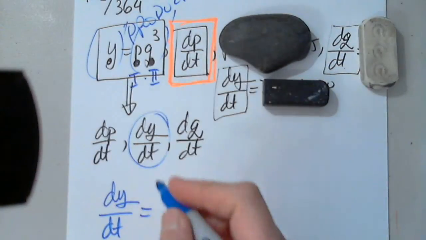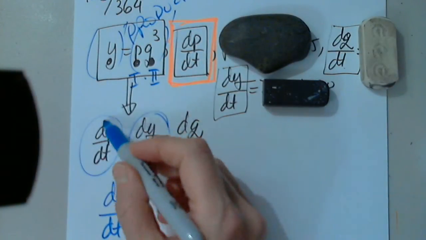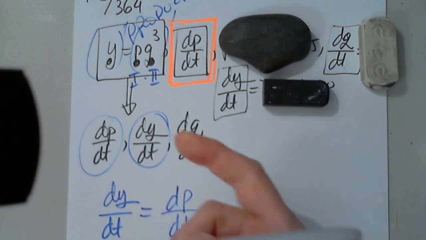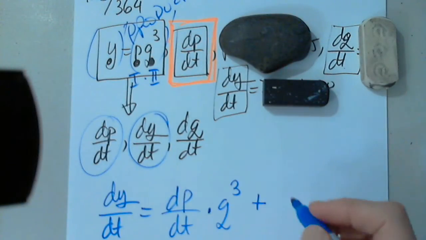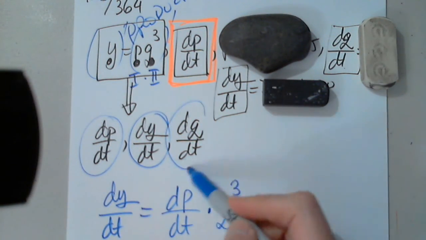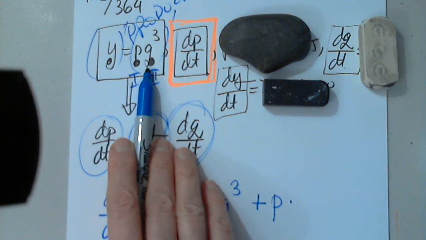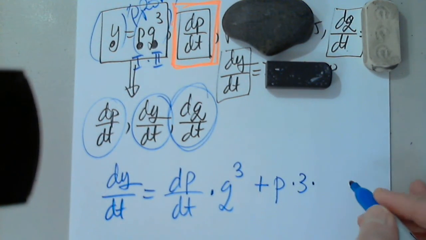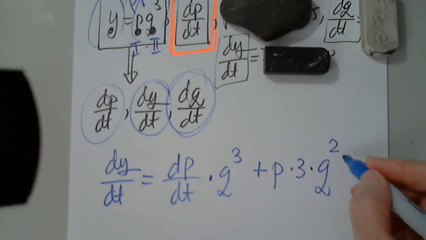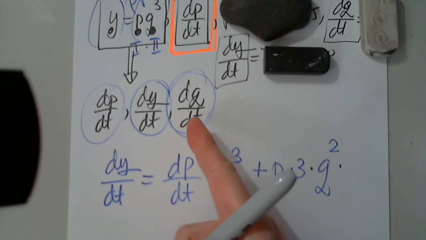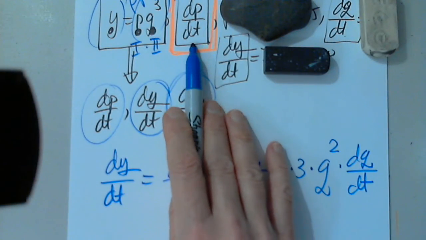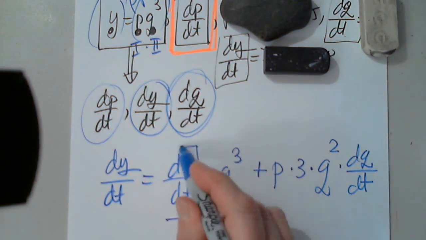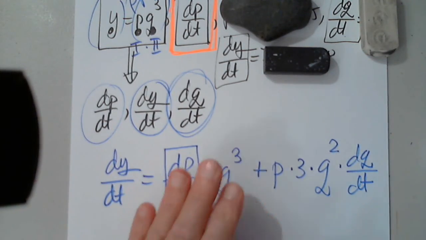So dp over dt times the second function, plus the first function times the second function prime: 3 times q to the second power times the inner function prime. They want us to determine dp over dt. This is my only variable.